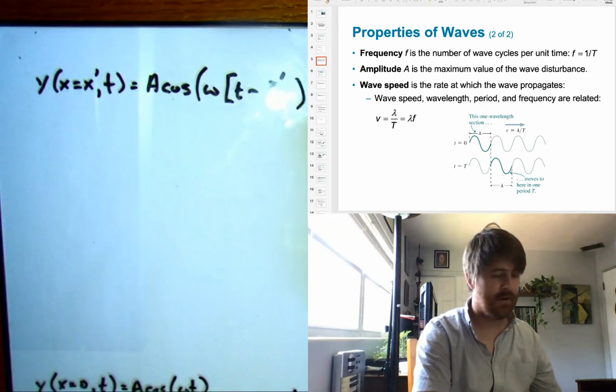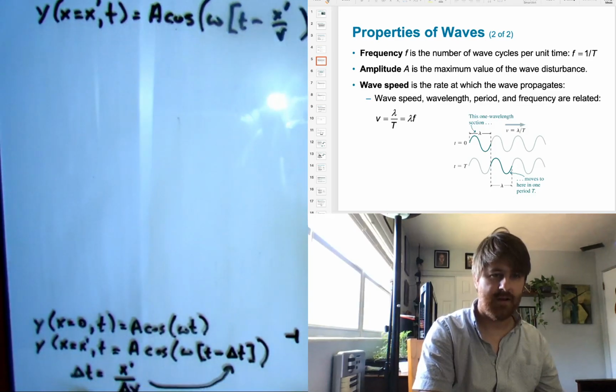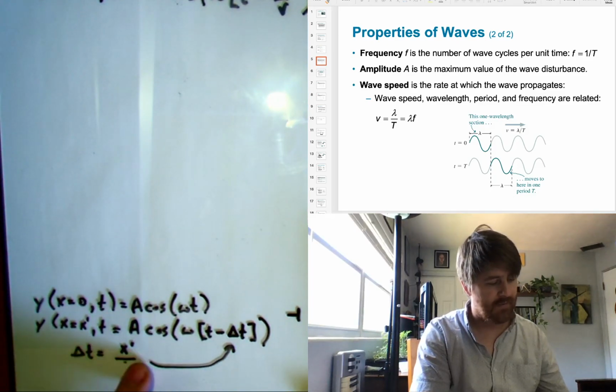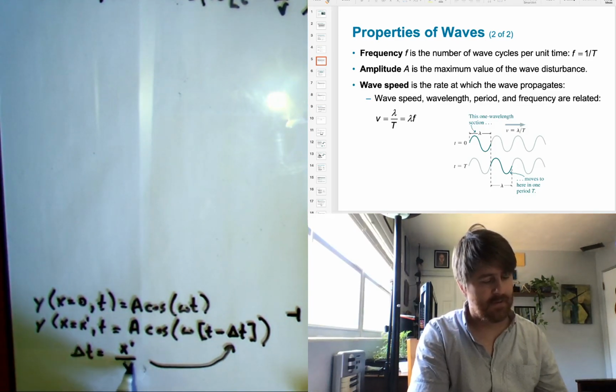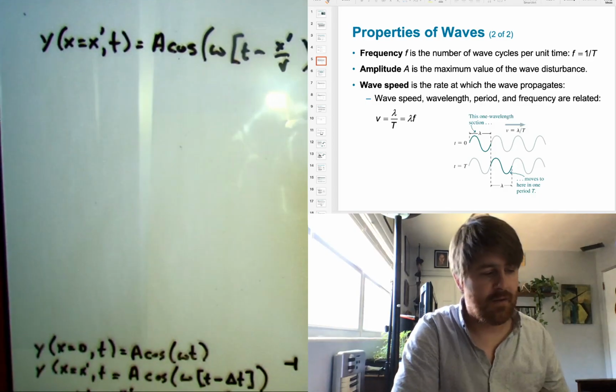I don't know why I wrote a delta v down here. That's not right. That should have been just x prime over v. All right.